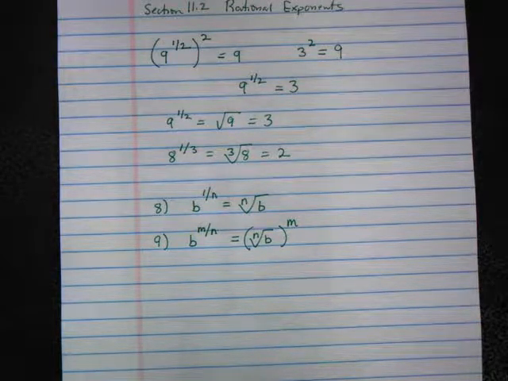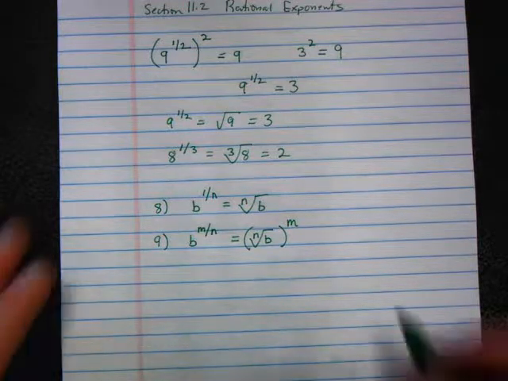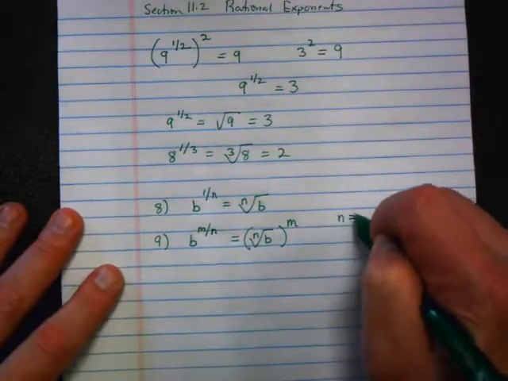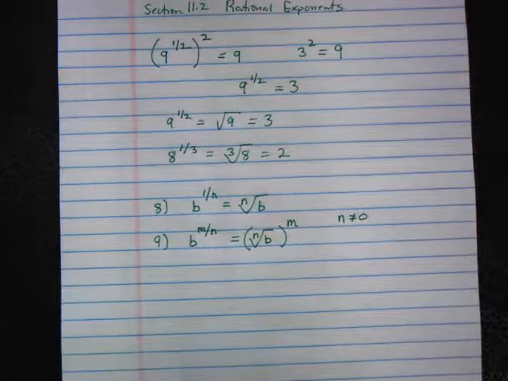So when we have fractional powers, the bottom number always becomes the root, the top number always becomes the exponent. Can the bottom number be 0? No. n cannot be 0. I clearly cannot divide by 0, so n can't be 0 for either of those.